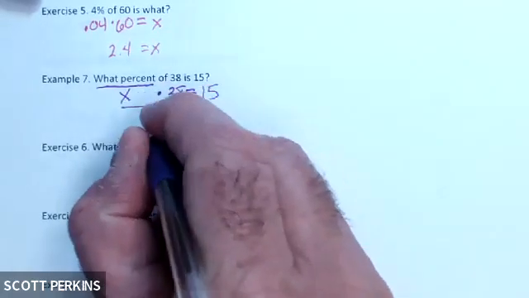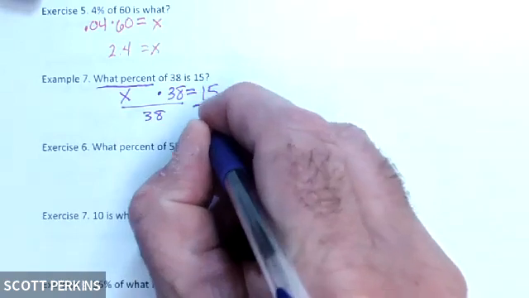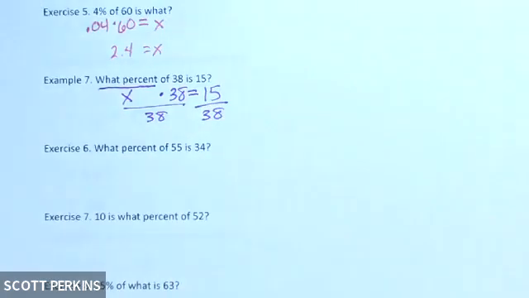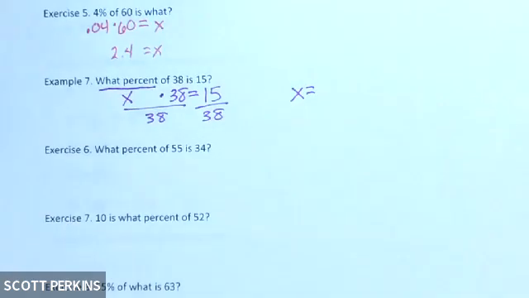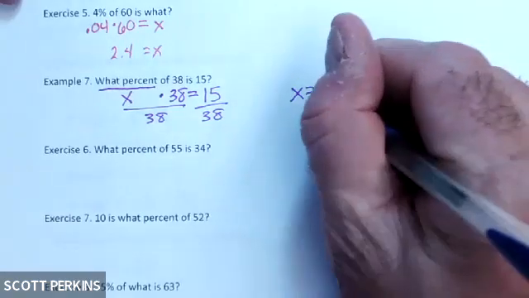So over here I'm going to divide by 38, and over here I'm going to divide by 38. Just like we were doing previously, I'm going to round to the 4th decimal place to keep things nice and consistent. So when I throw that into my calculator, 15 divided by 38, rounded to the 4th decimal place, is 0.3947.